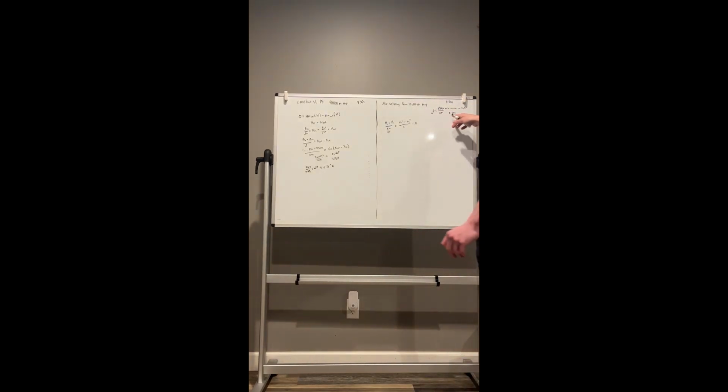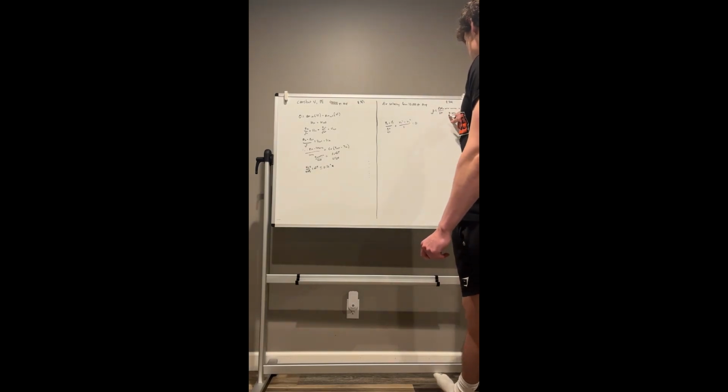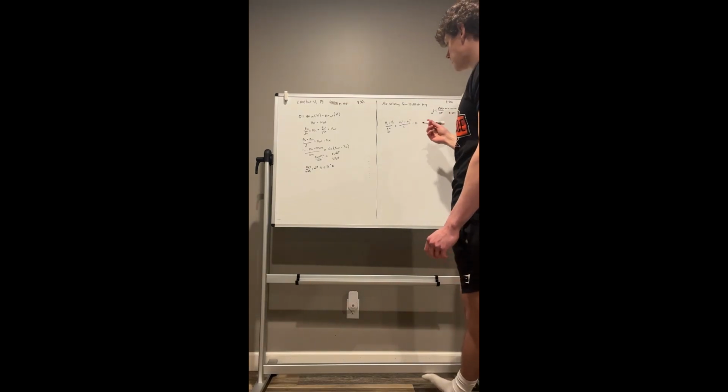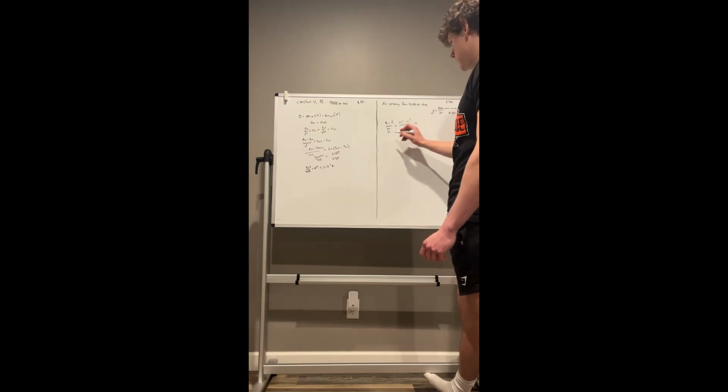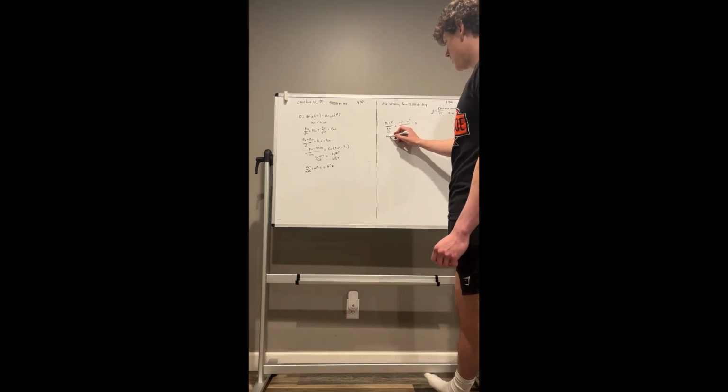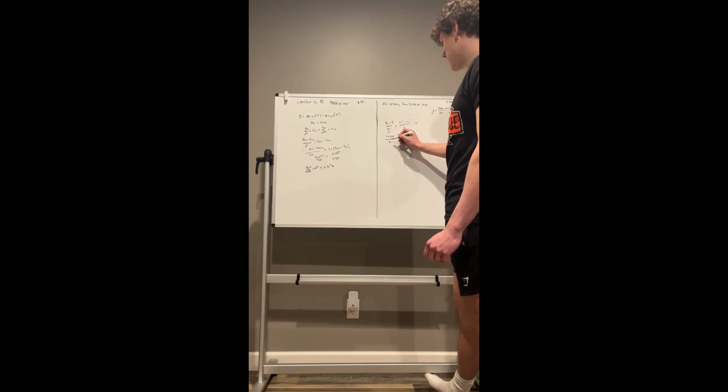So we know that our M is 0.029 and our atmospheric pressure is 101.325 times 0.029 over R times T for air, 298.